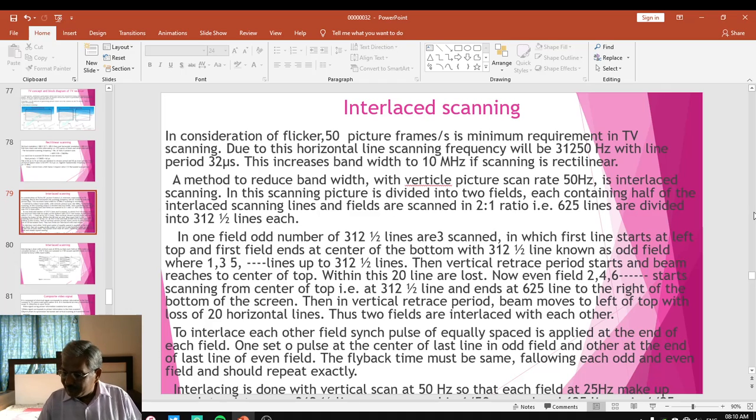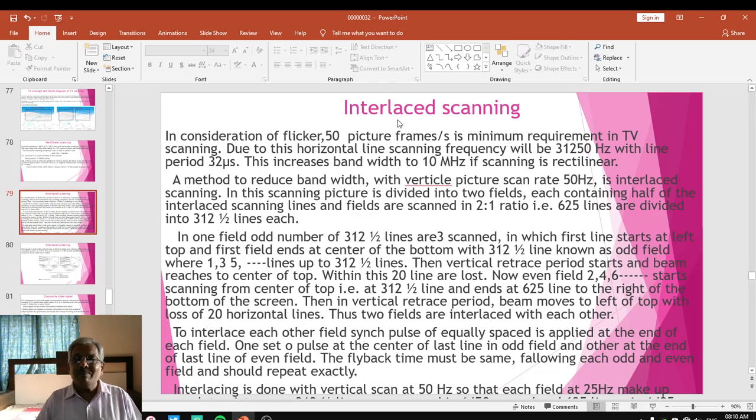But friends, nowadays the scanning technique used in television is the interlaced scanning system. Interlaced scanning is the same as rectilinear scanning, only with the difference that one vertical frame is divided into two fields.